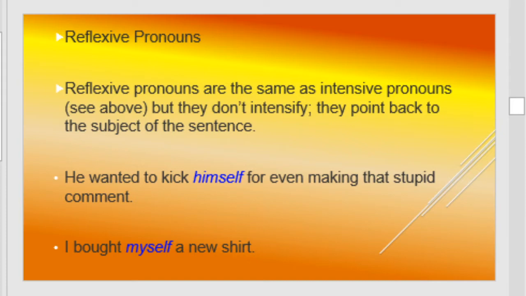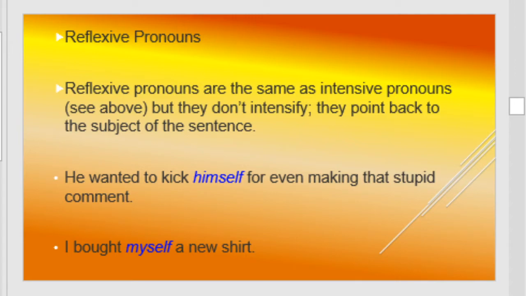In reflexive, we sometimes say the subject and the object are the same. Example, he wanted to kick himself. Himself is referring to he. So he is the subject, himself is the object. For even making that stupid comment, I bought myself a new shirt.